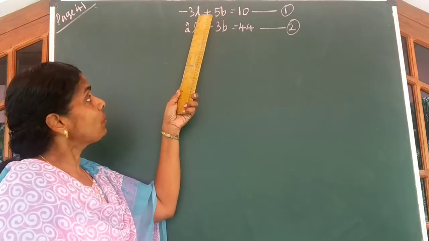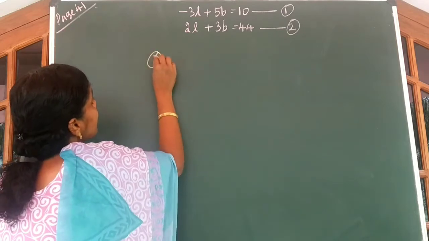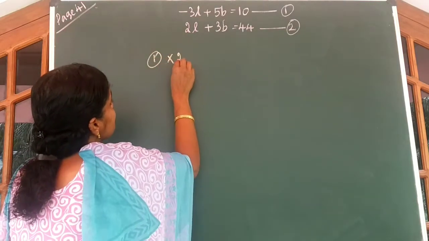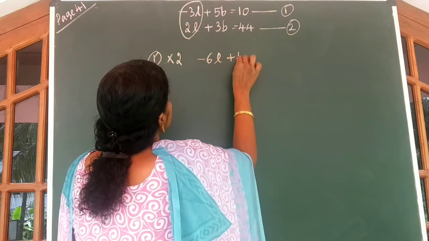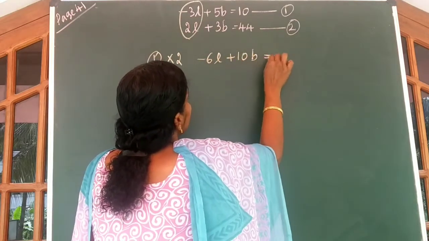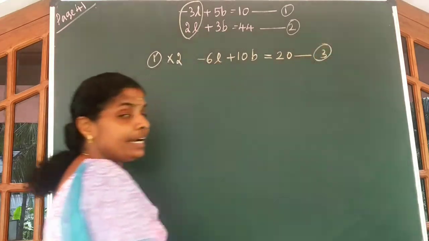Make the coefficients same. So the first equation is multiplied by 2. So you get minus 6L plus 10B is equal to 20. Let us name this as our third equation.